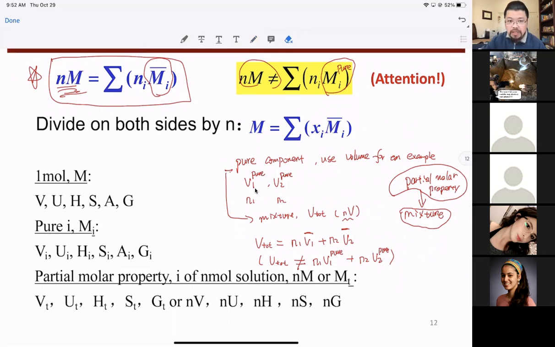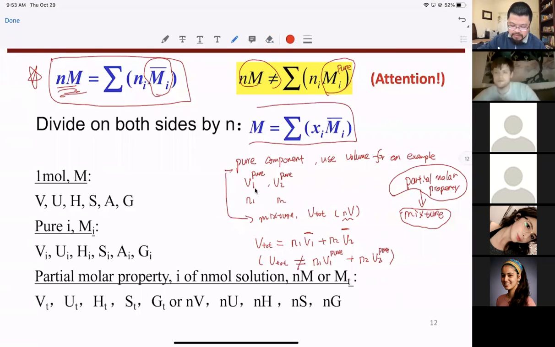When you are calculating mathematically, it's quite common that, for instance, on this first equation, if we divide on both sides by the total number of mole, then we are going to receive this equation. That's also a valid working equation for the mixing process. So again, you need to know the partial molar property, you need to know the molar fraction, and the summation will tell you the property of the mixture.